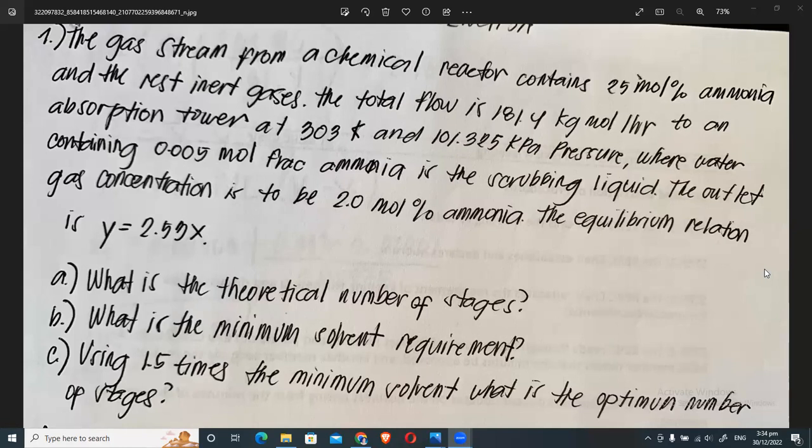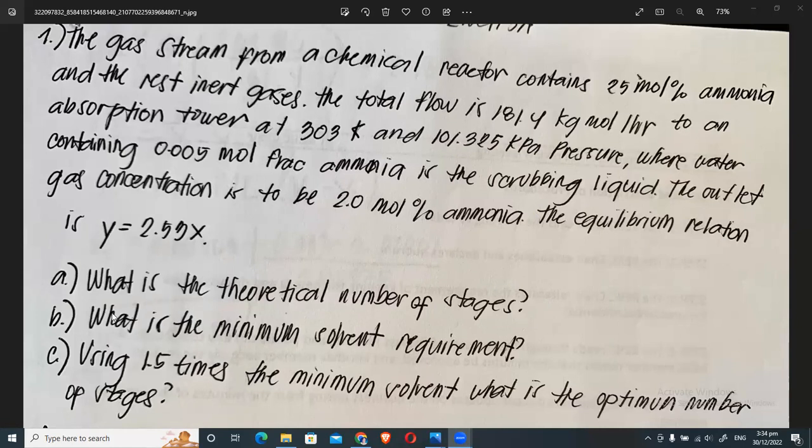In the original problem class, you were just asked to determine the minimum solvent requirement and the optimum number of stages. These are the two required information. I added this theoretical number of stages, which actually you cannot answer.